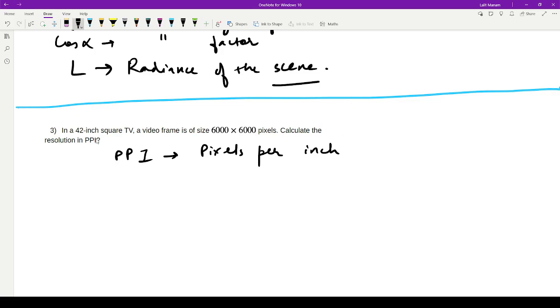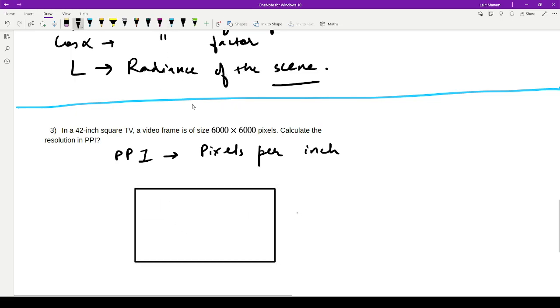So what does 42 inch mean? It goes diagonally.